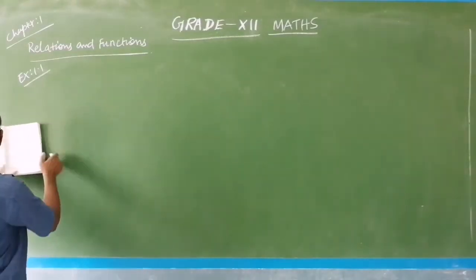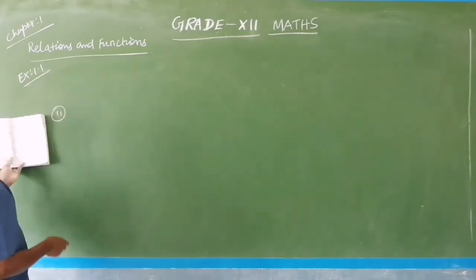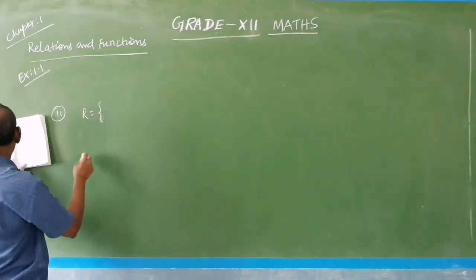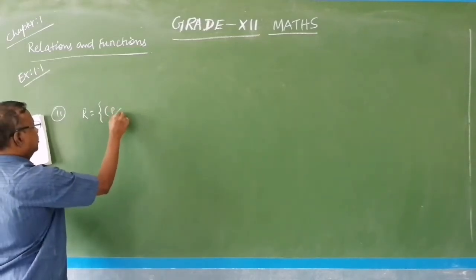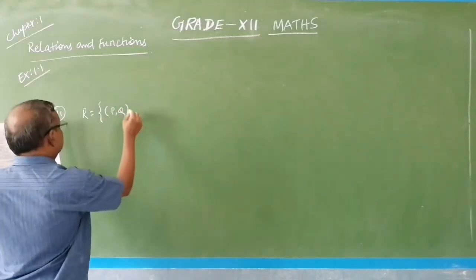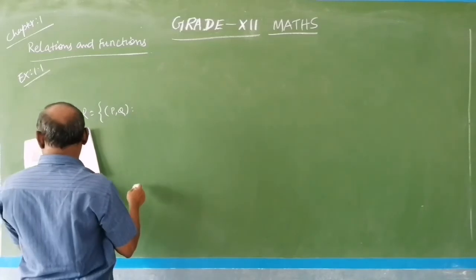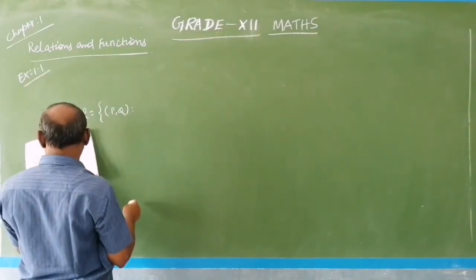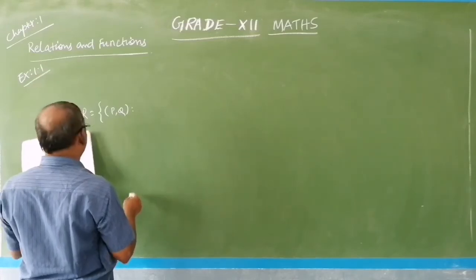Question number 11. Show that the relation R in a set A of points in a plane given by R equal to the points P comma Q such that the distance of the point P from the origin is the same as the distance of point Q from the origin.